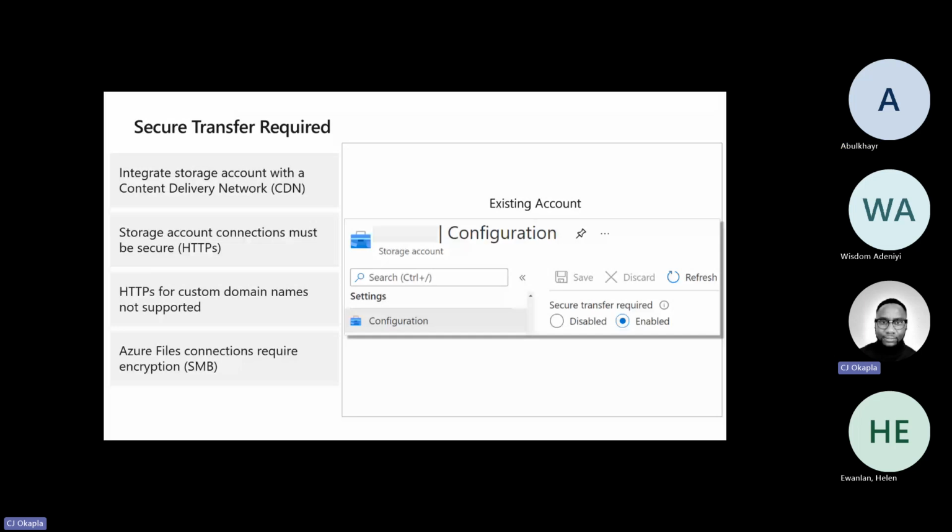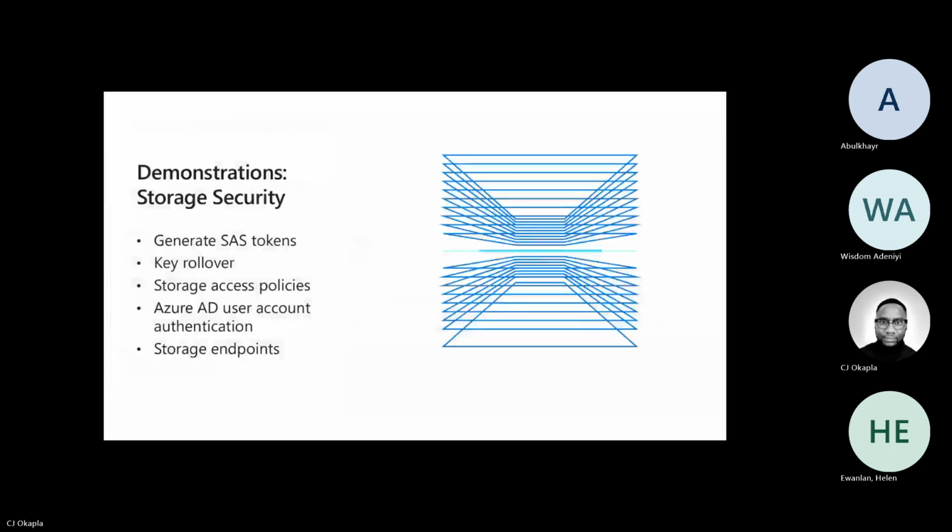And then Azure Files connection requires encryption. So storage security. We'll look at how to generate SAS tokens. SAS means shared access signature. Key rollover, storage access policies, Azure AD user account authentication, and storage endpoints.